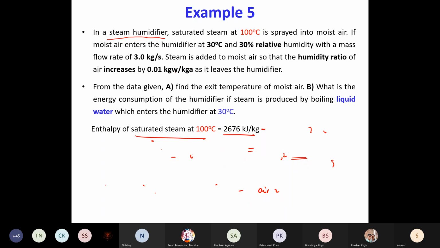So once you determine the enthalpy at the exit, enthalpy at the exit is H2. You know omega 2, your state is defined. Omega 2 or W2. Okay, this is your state 1. This is your state 2. Once the state 2 is determined, you can read the temperature.